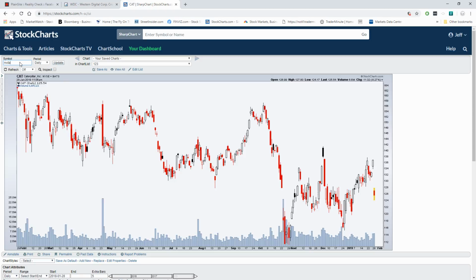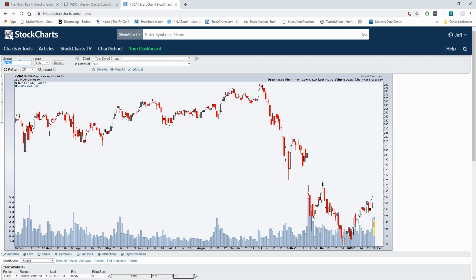Then NVIDIA came out and pre-announced their earnings. And when a company pre-announces, generally they're way off, meaning they're going to pre-announce because they see the numbers already and they're nowhere close to what they are expected to report. That's when you see companies pre-announce.